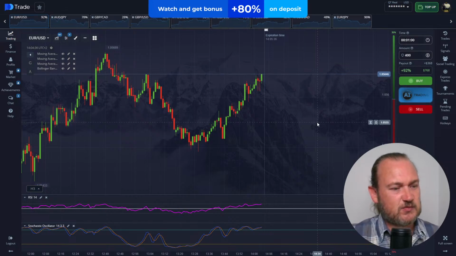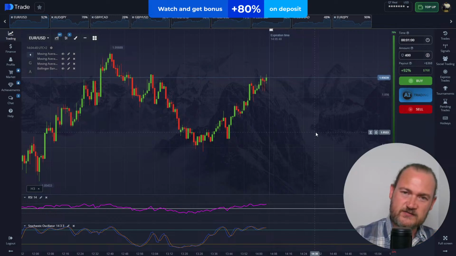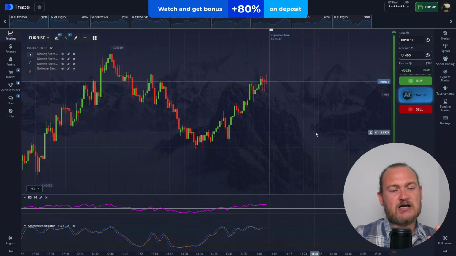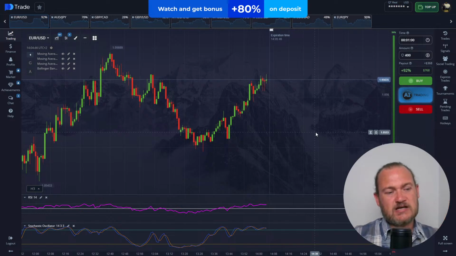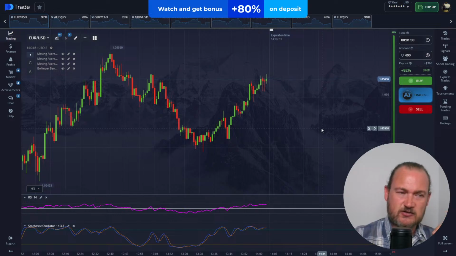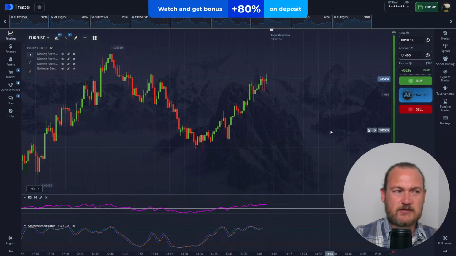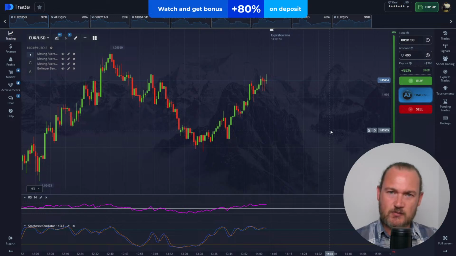We have instances where this takes place. So the 4 kinds of divergence: we get 2 normal types of divergence, and these are reversal signals. If we get normal divergence, it tends to form at the end of a big move.